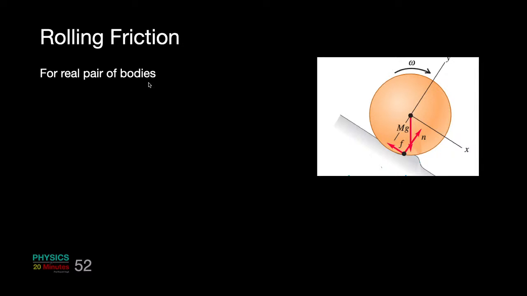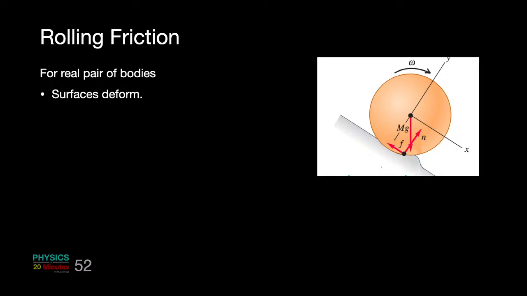Since they are not rigid, they deform. Here is an example of the surface being deformed. Because of the weight of the sphere, the surface will get a little bit deformed. Even if it is not seen with the naked eye, microscopically it will still deform slightly.